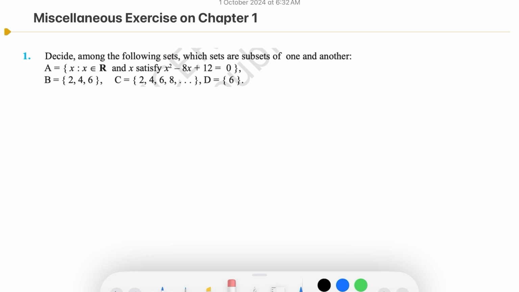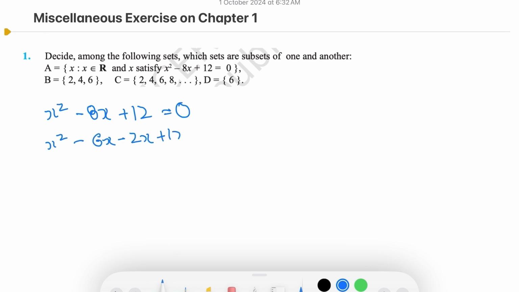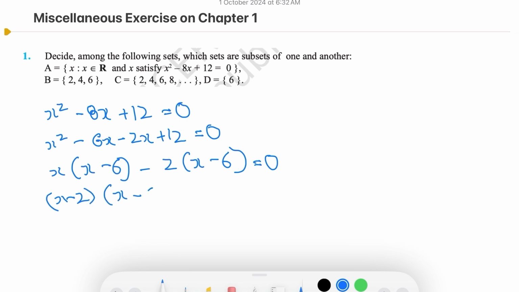Let us first solve the equation given in the set A so that we can find the value of set A. Let us now write the sets.